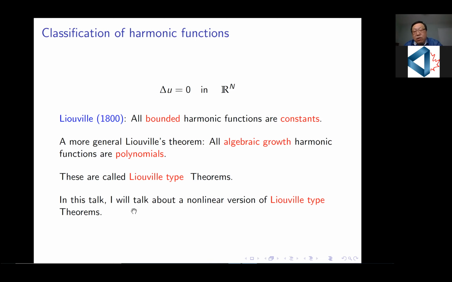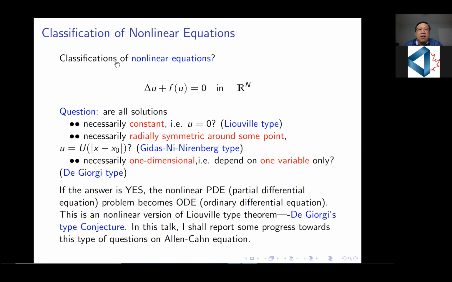In this talk, I will talk about the nonlinear version of a Liouville type theorem. So we want to classify nonlinear equations. Think about Laplace u plus some nonlinearity equals 0. And we want to ask, are all solutions constants? For example, u equals 0 or u equals constant.